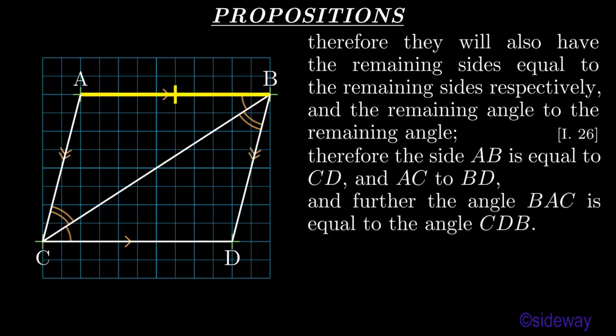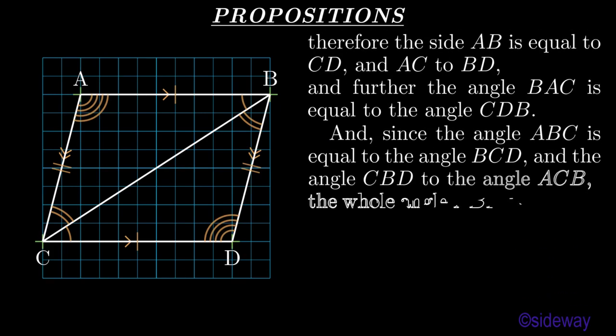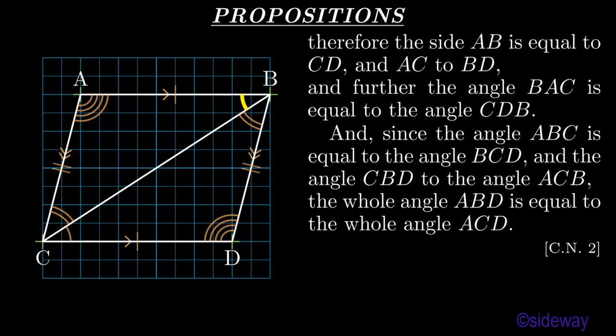Therefore, the side AB is equal to CD, and AC to BD. And, further, the angle BAC is equal to the angle CDB. And since the angle ABC is equal to the angle BCD, and the angle CBD to the angle ACB, the whole angle ABD is equal to the whole angle ACD, by Book 1, Common Notion 2.